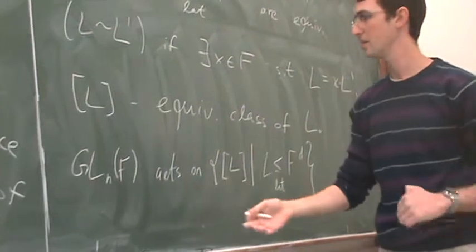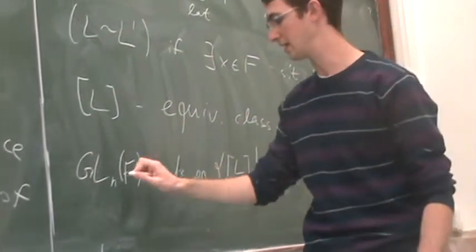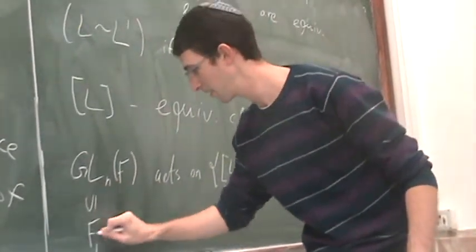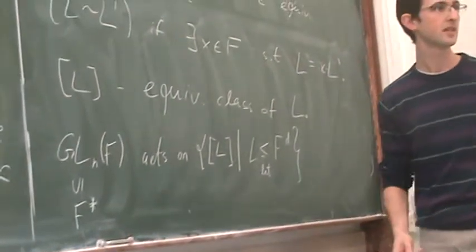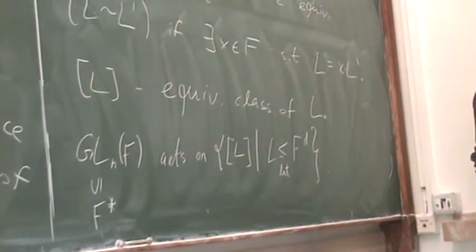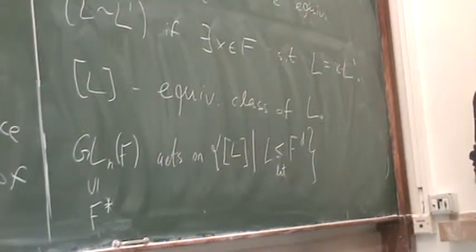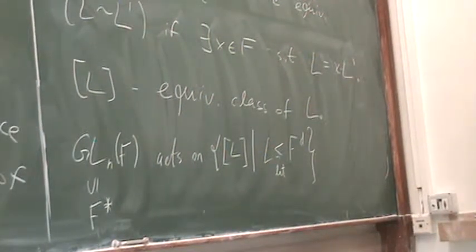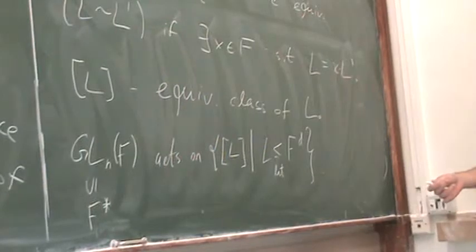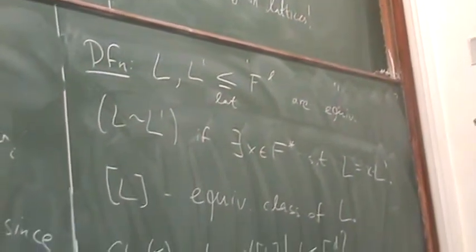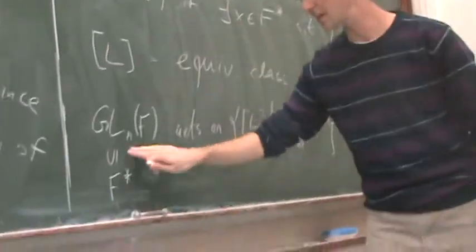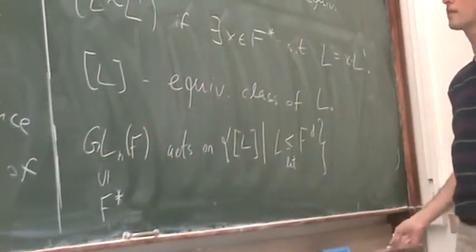However, now you know that inside this group I have F star embedding diagonally inside the general linear group. So we have F star inside GLd(F).